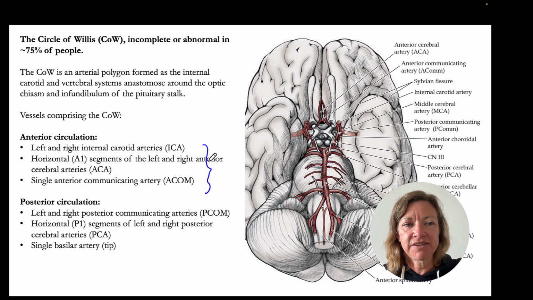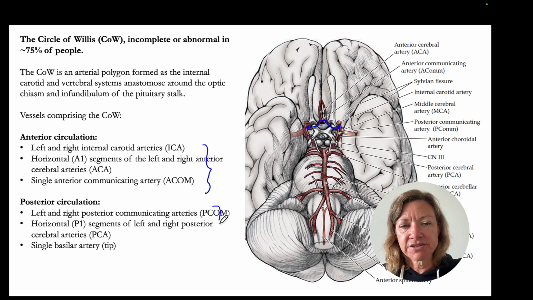On the anterior side of things, we have the left and right internal carotid arteries, the proximal or horizontal, so-called A1 segment of the anterior cerebral arteries, and the anterior communicating artery here.